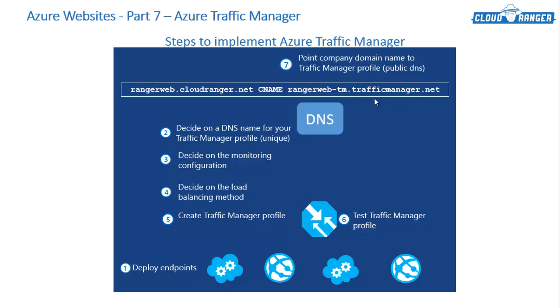You're going to give it something more customized, more oriented to your company. So, for example, I'm cloudranger.net, so my website will be called rangerweb.cloudranger.net, and you have to go to your public DNS and create a CNAME record to the traffic manager's domain over here. Once that's done, you're pretty much set and good to go.